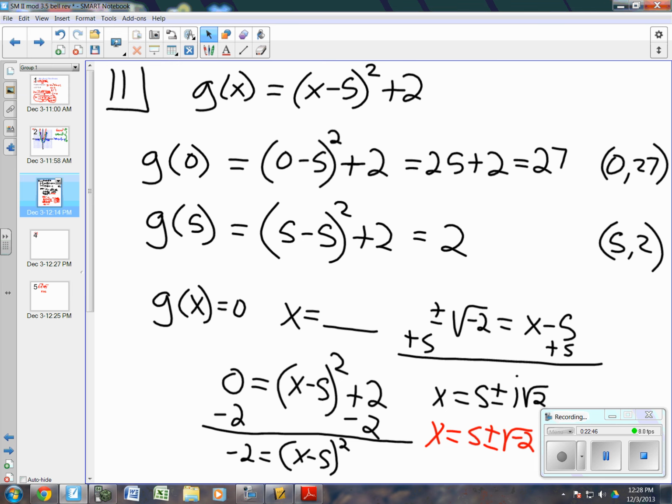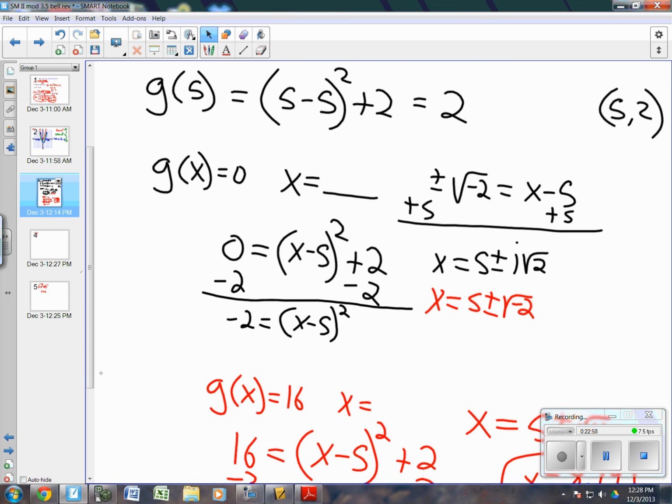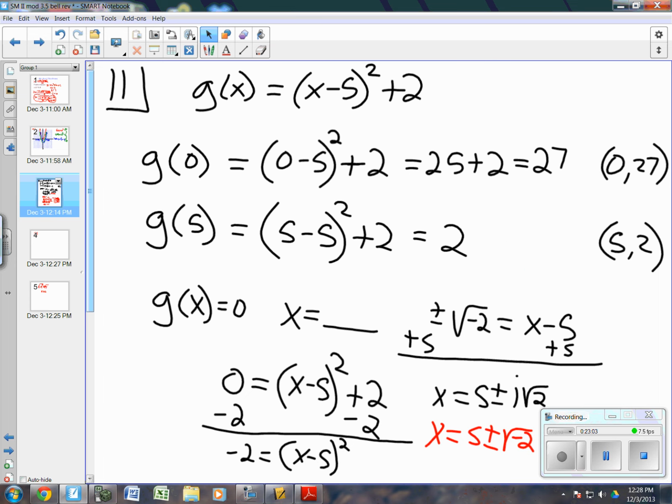All we did is replace x with 0. Same with g of 5, put 5 in for x. Do you understand that part? That's the notation. But when it says g of x equals 0, or g of x equals 16, you're replacing this g of x with 0 or 16, and then you're solving the equation.